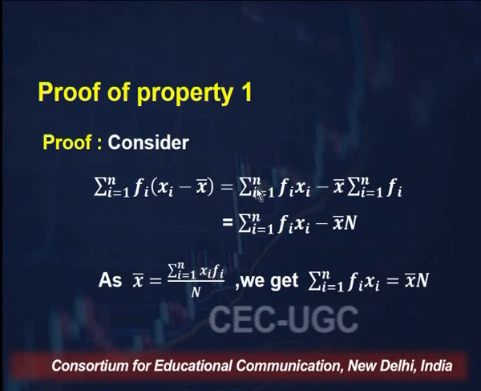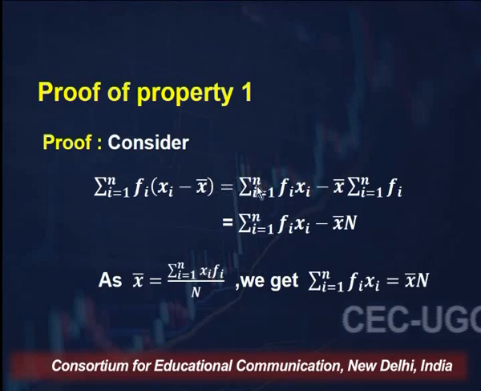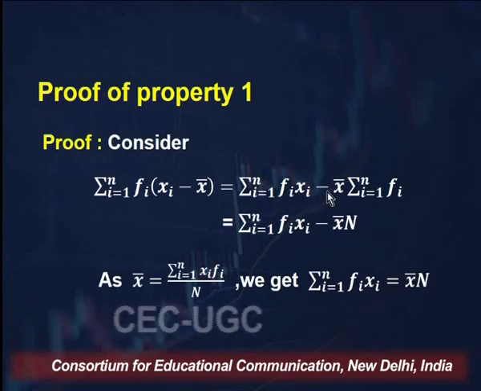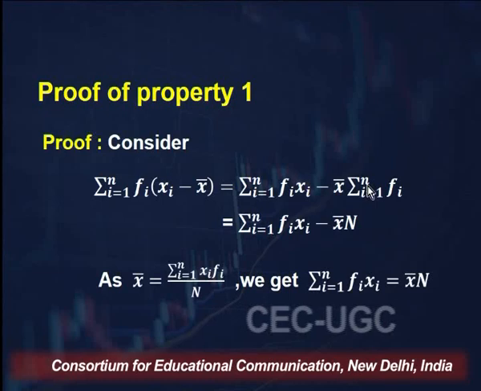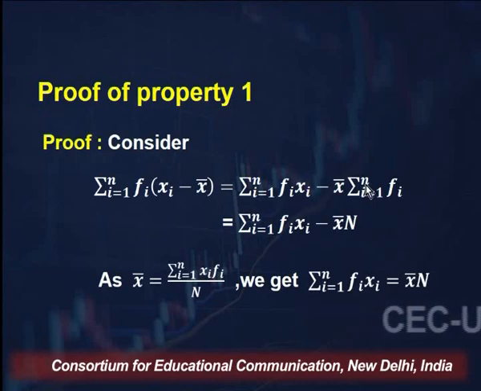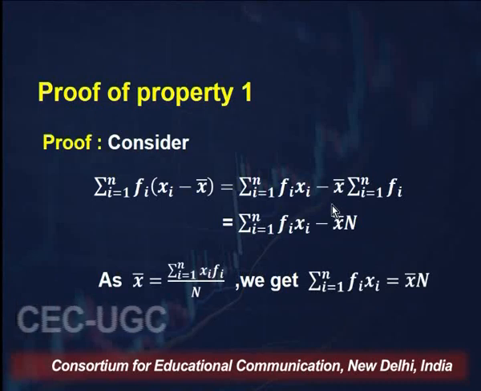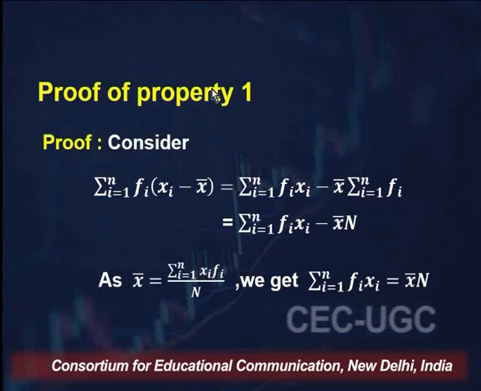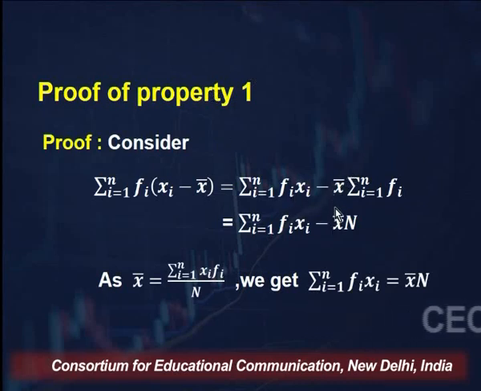So then it leads me to this expression, that is equal to summation i equal to 1 to n fi xi minus summation x bar into fi. Now understand that x bar is the mean which is based on all the observations, rather all the n observations. So here your x bar is a fixed quantity, it is not varying with i.